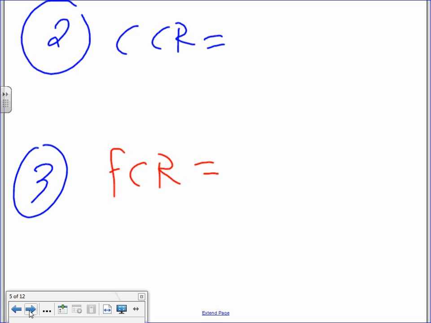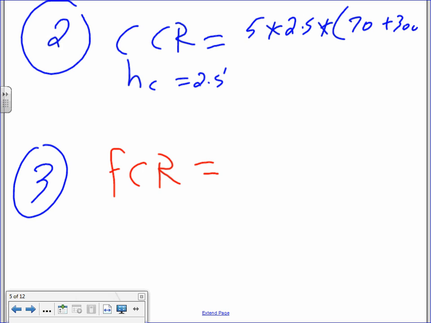The second one, guys, is to find the CCR, which is the ceiling cavity ratio. The most important thing, Adam, for the ceiling cavity ratio is to find HC, which is 2.5 feet. Then you plug it in, same thing: 5 times 2.5 times 70 plus 300 divided by 70 times 300.